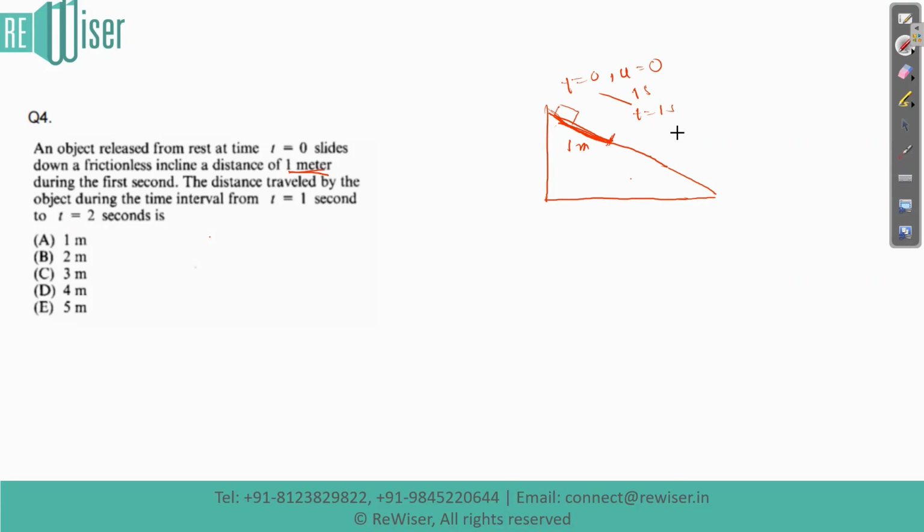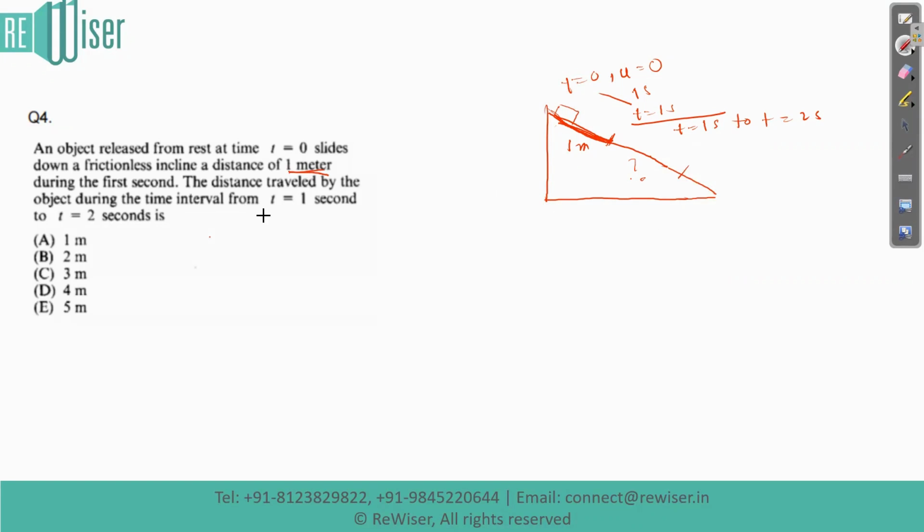Now they're asking from t equal to 1 second to t equal to 2 second, in this time interval, that means 1 second time interval, how much distance will it move in this incline?